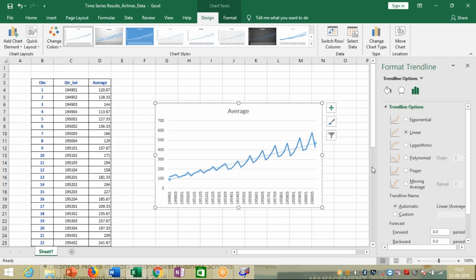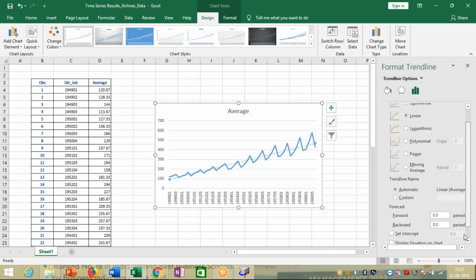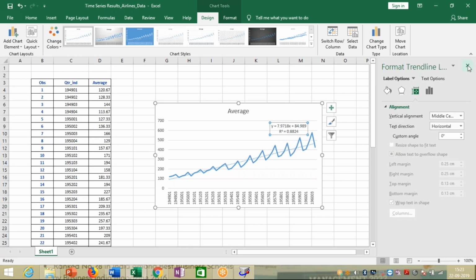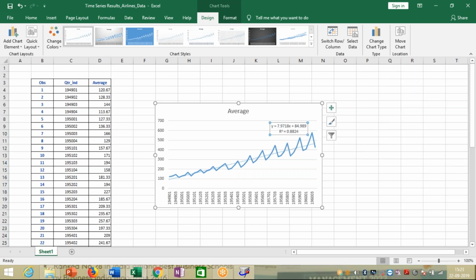So given this variance, if you try to map it into a linear line, what is the fit that comes in over here? It's an 88.2% fit, which shows that it is not really a very good fit. Why is it not a very good fit?